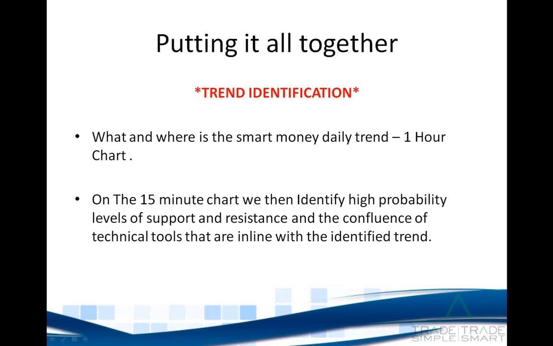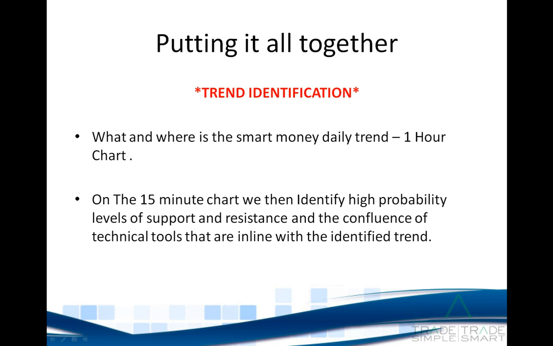And once we've identified exactly where we are in the daily trend, we're then going to move on to the 15-minute chart, where we're going to identify high probability levels of support and resistance and the confluence of technical tools that are in line with the identified trend.